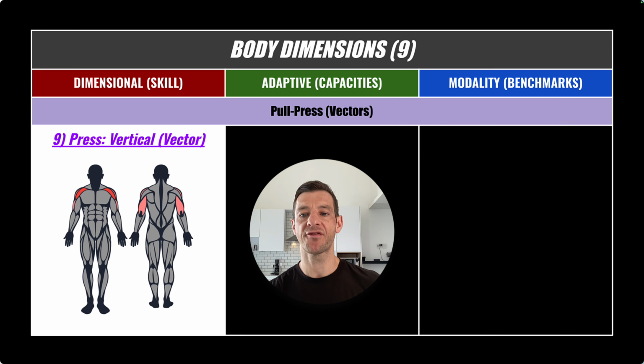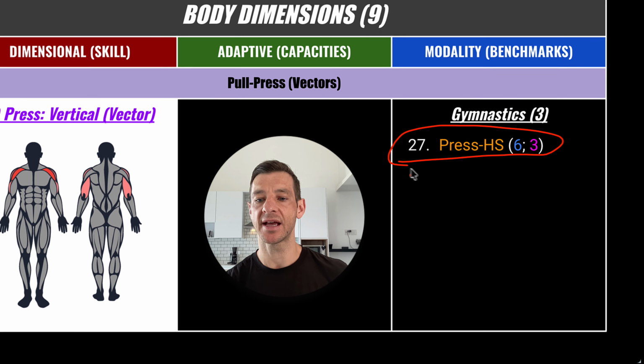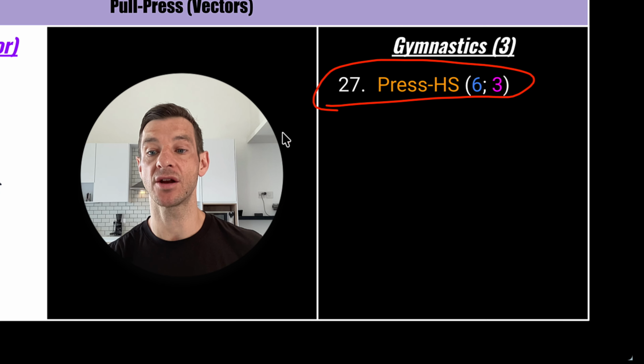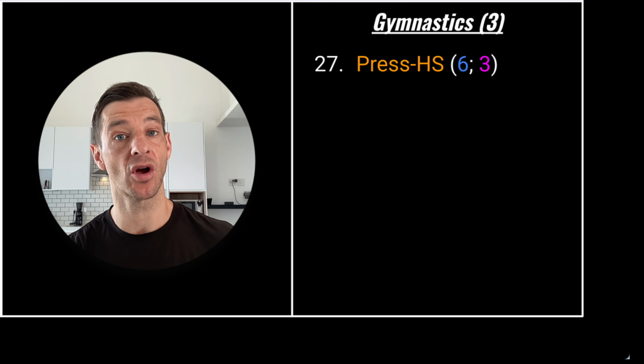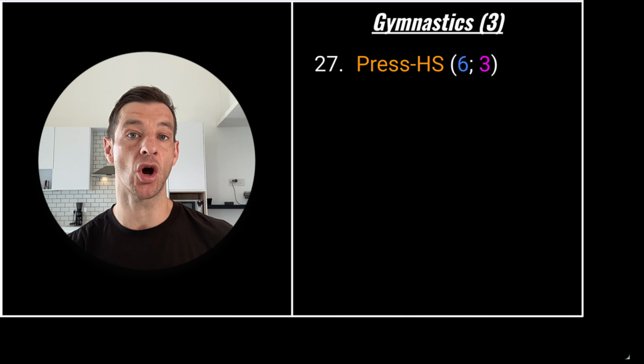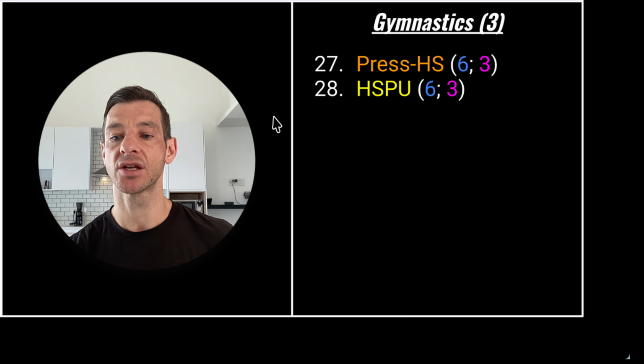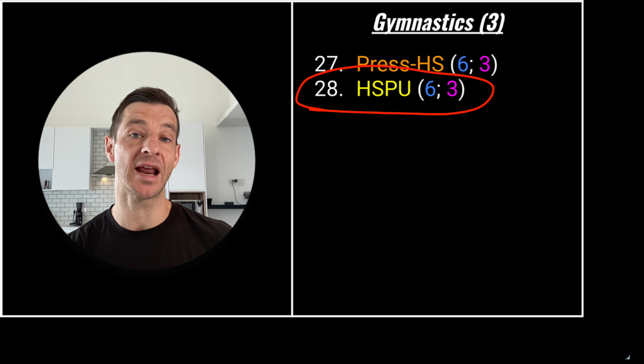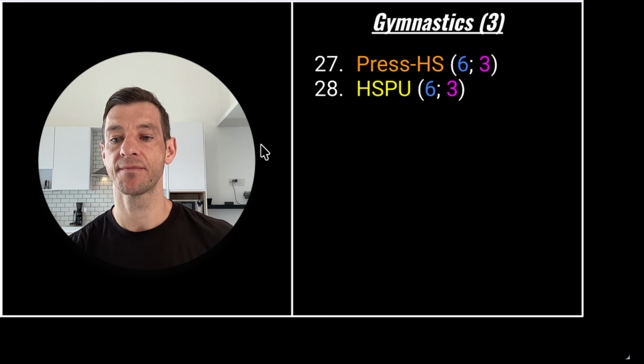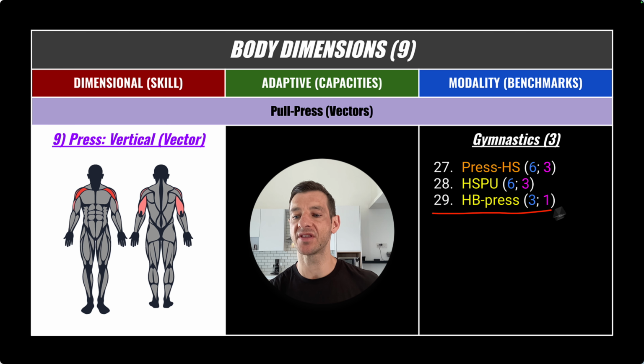And then we'll also look at what benefits are associated with moving towards or making meaningful progress and achieving those benchmarks. Okay, so for our first benchmark, we have the press handstand as the 27th benchmark in the series. The press handstand is a benchmark of dynamic straight arm stability. Next, we have the handstand push-up, a benchmark of dynamic bent arm overhead strength. For our 29th benchmark, we have the hollow back press or the 90-degree push-up.